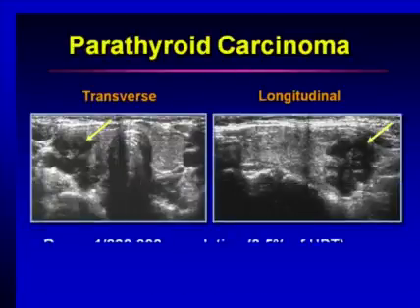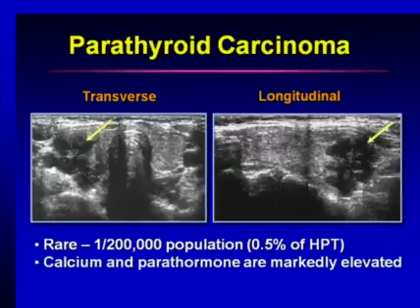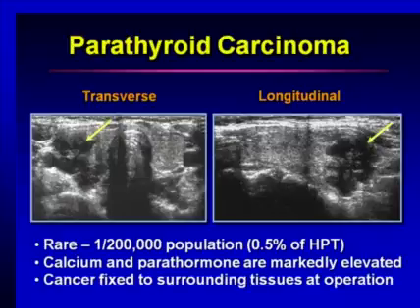Parathyroid cancer can also occur. This is quite uncommon. It accounts for only 1 in 200 cases that present of individuals with hyperparathyroidism. A clue is sometimes that the calcium and parathormone levels are markedly elevated, more than would be expected. But usually the diagnosis is made at the time of surgery when the surgeon encounters a mass which is firmly fixed to the surrounding tissues at operation.